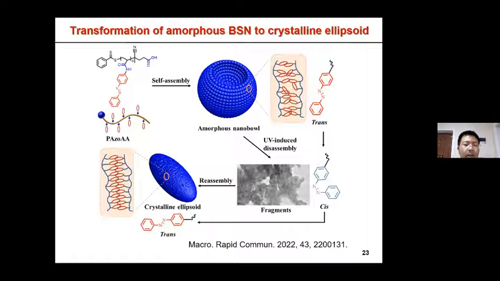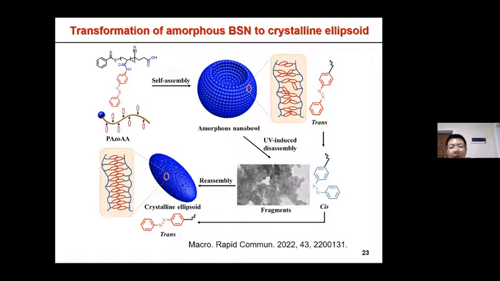Then we designed this homopolymer, which can self-assemble into bowl-shaped nanoparticles. However, during the self-assembly process, we thought that the azobenzene pendants arranged irregularly, so the formed nanobowls are amorphous.